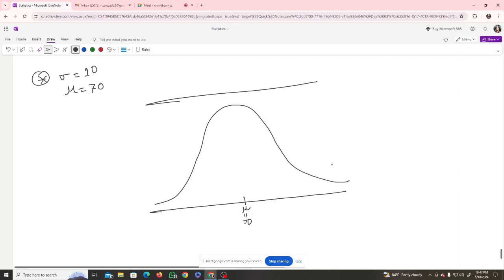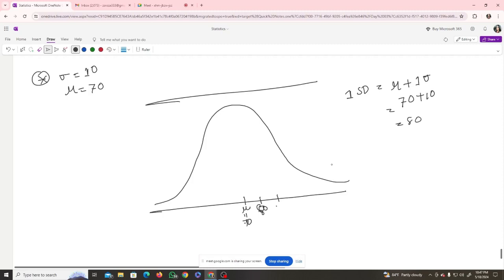And since the standard deviation is 10, one standard deviation to the right means mean plus one standard deviation, which gives us 70 plus 10 equal to 80.